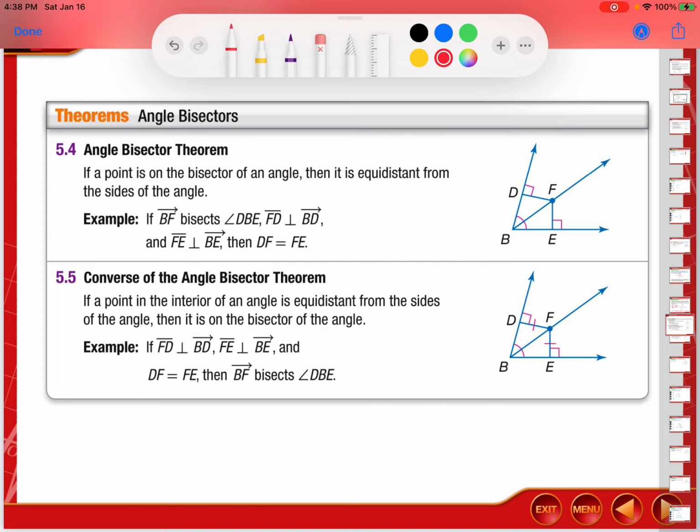Continuing on, angle bisector theorem. If a point is on the bisector of an angle, then it is equidistant from the sides of the angle, which makes sense. If we have an angle bisector here, like BF, then it's going to be the same distance from each of these lines.